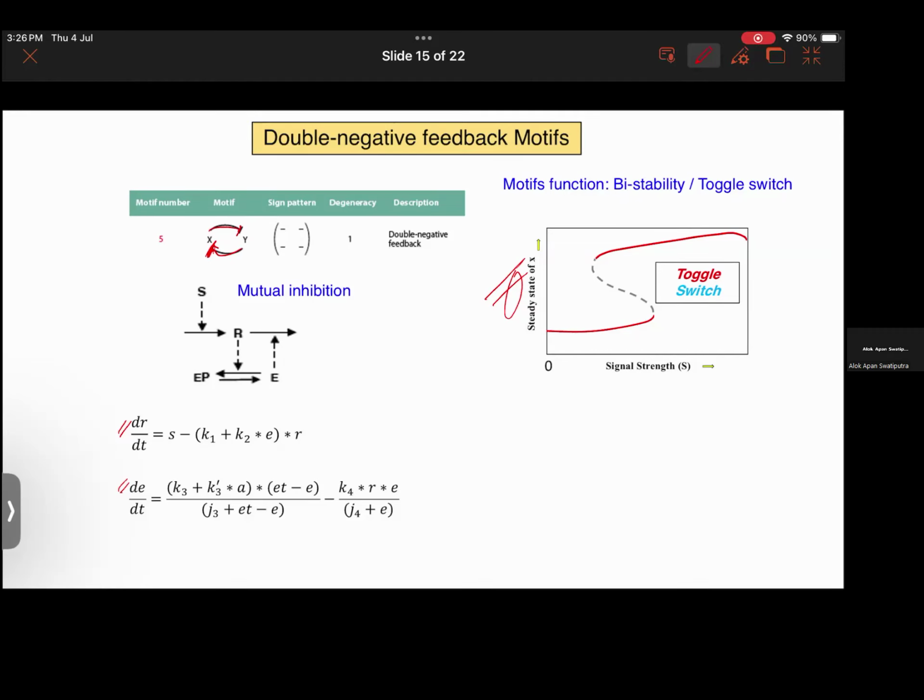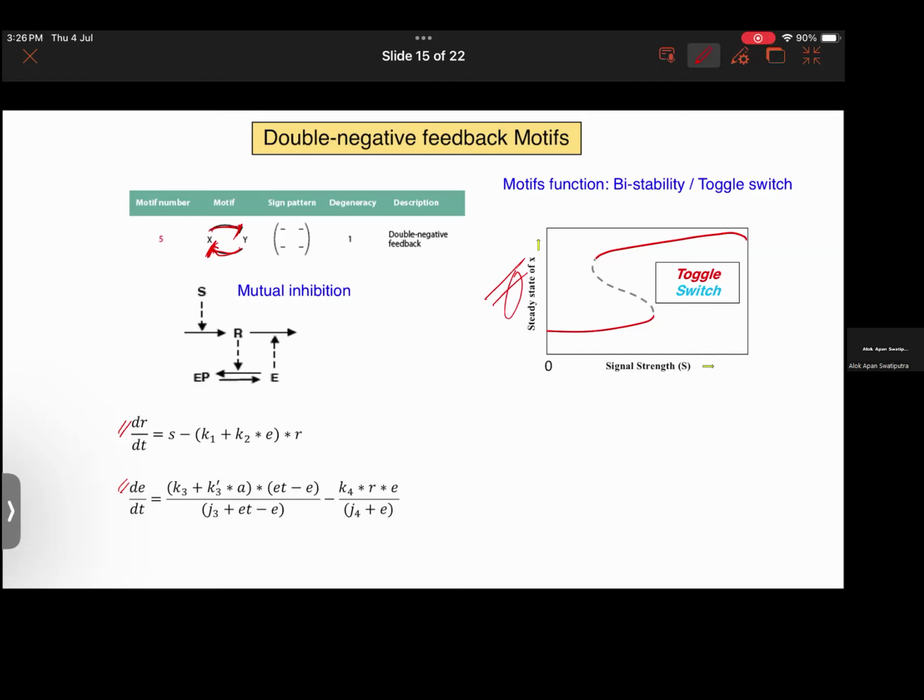And in a positive loop, you are increasing something which benefits you. So essentially, you are also benefiting this. So a double negative is also positive. Makes sense. So positive into positive is like negative into negative. So in case of a double negative as well, you will get this sort of toggle switch.